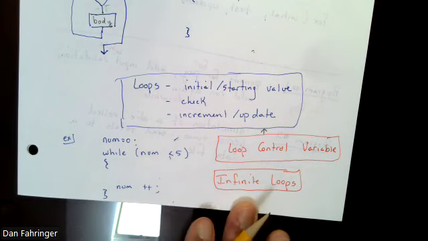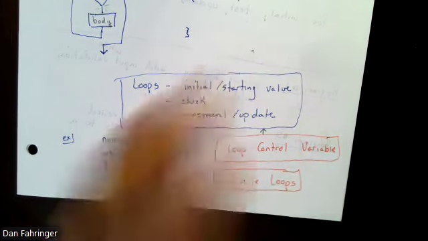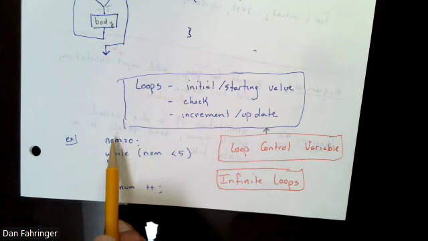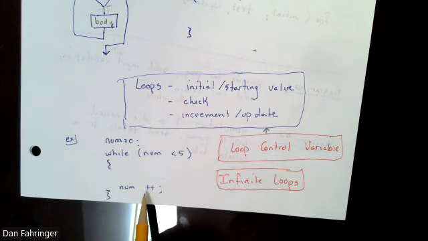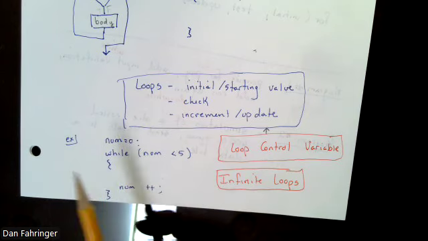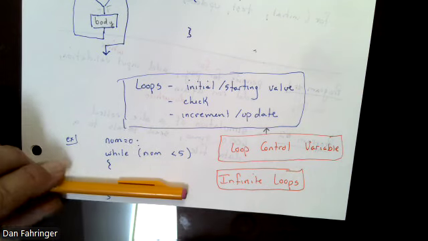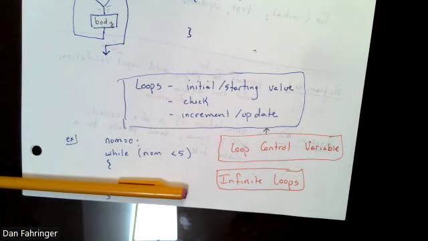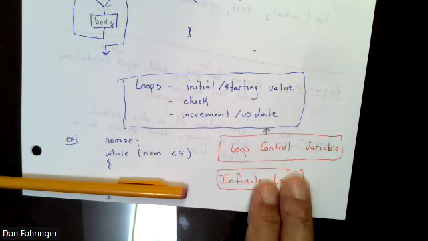Simple example: initial value, check, increment. What if I don't have an increment? Well, you're going to be there a while. Or you realize real quick you screwed up. It's an infinite loop. This is one of those runtime errors. A syntax error was a typing error. This is a runtime error.